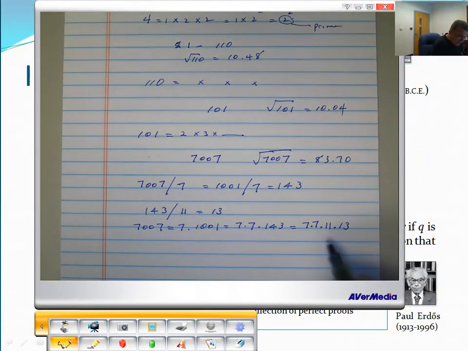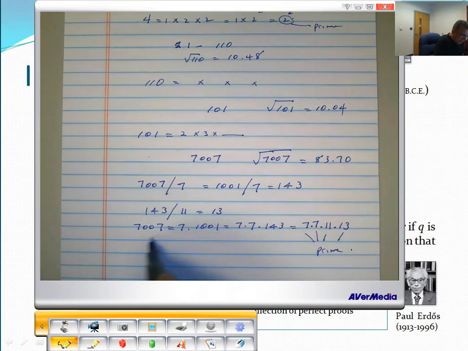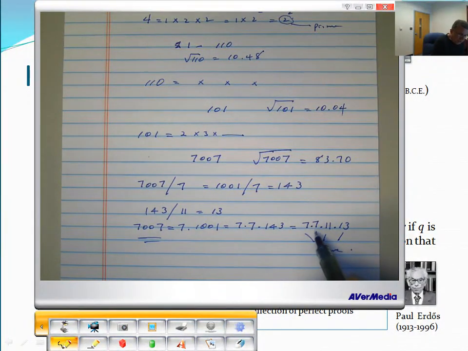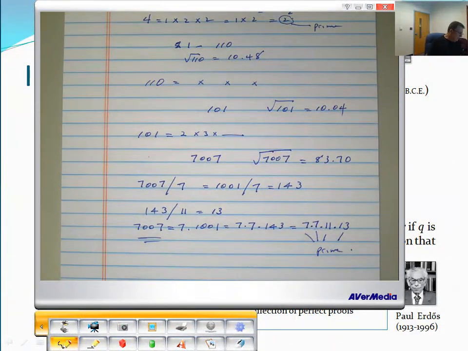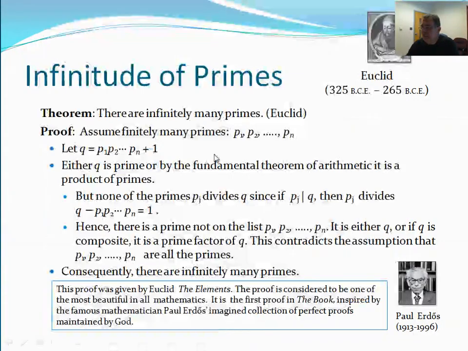So 7 times 7 times 11 times 13, every one of them are prime numbers, right? And then we say, okay, that is the factorization of 7007. Because we said every composite number is a product of a bunch of prime numbers, right? That was the concept that we discussed.